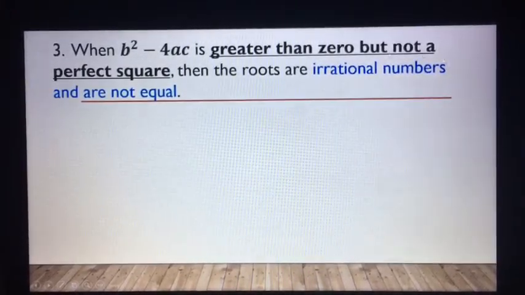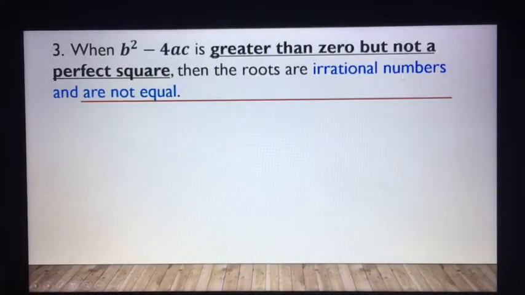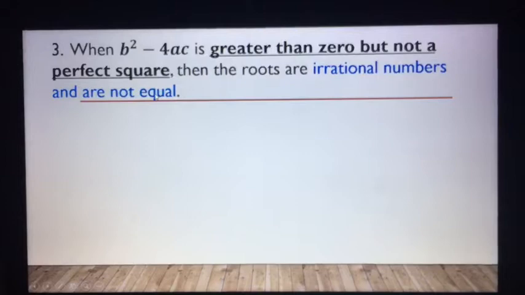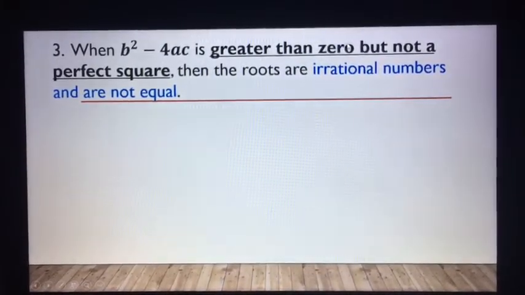Yung irrational numbers, ito yung number na hindi natin maisusulat sa fraction form. Hindi natin ma-rewrite sa fraction form. And are not equal. Kanina, greater than 0 and perfect square. This time, greater than 0 pero hindi perfect square.